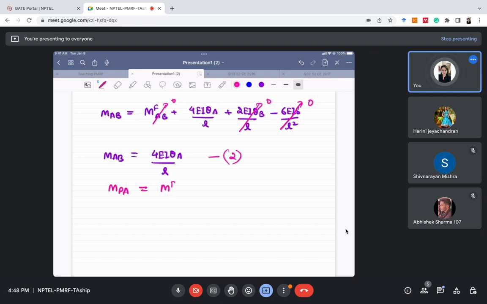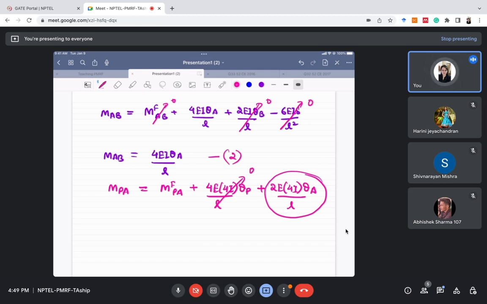The equation will be MFPA plus 4EI, I is 4I here, theta P over L plus 2EI theta A over L minus 6EI delta over L square. This is the equation for MPA. Theta P is 0, but we do not know the value of theta A.